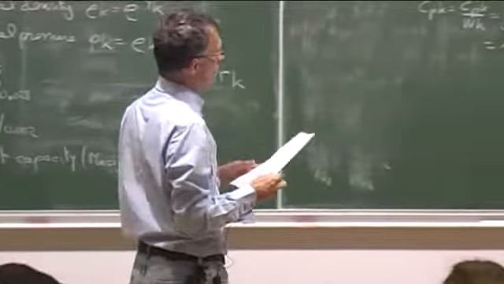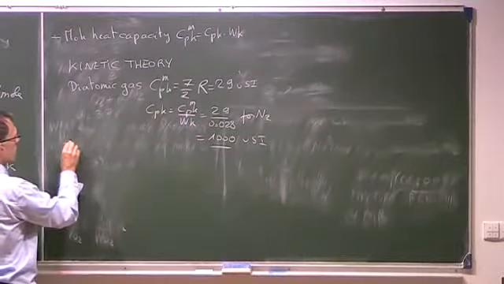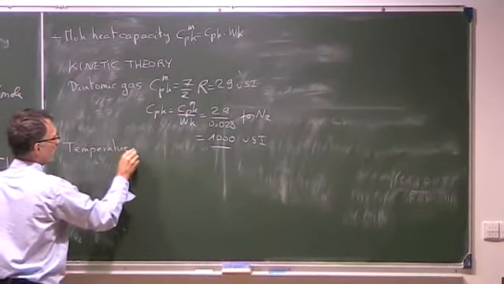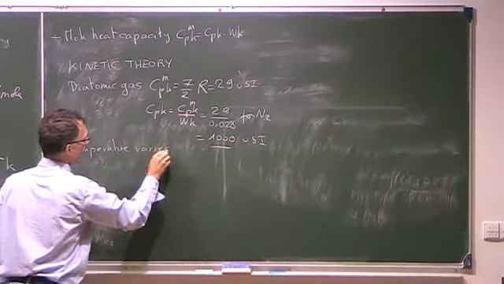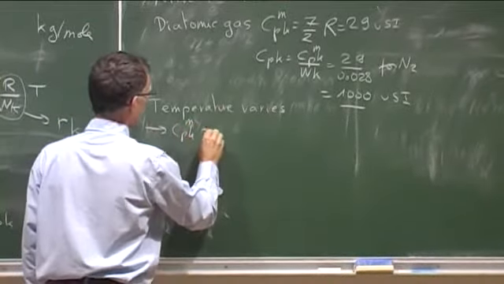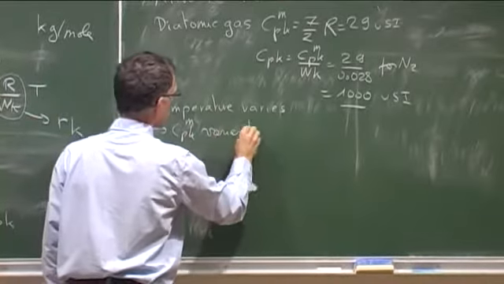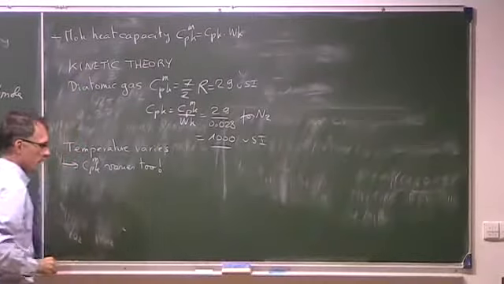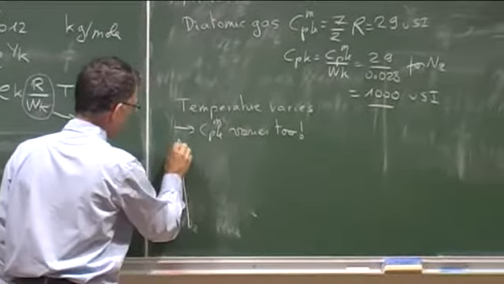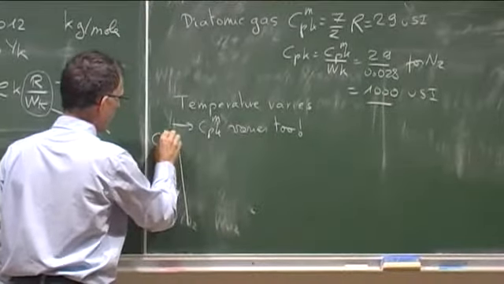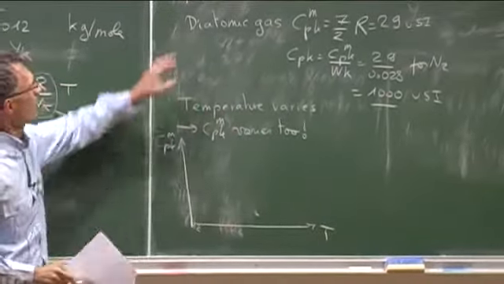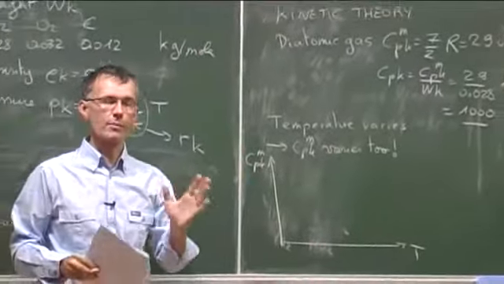Now the problem with combustion is that temperature varies a lot. And when temperature varies, CPK-M varies too. So how does it vary? How does it change? Well, if you plot here CPK-M, and here you put temperature, the kinetic theory is valid at low temperature.